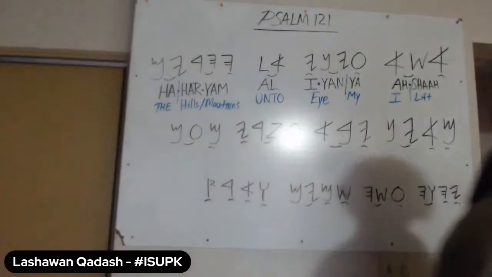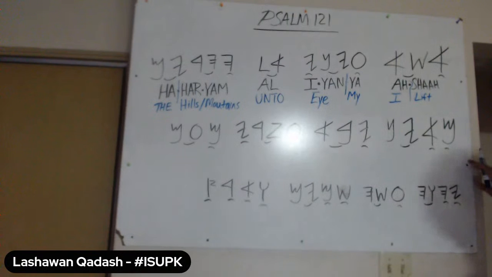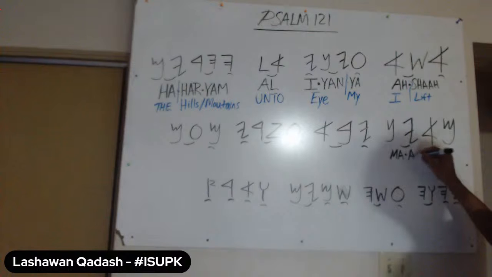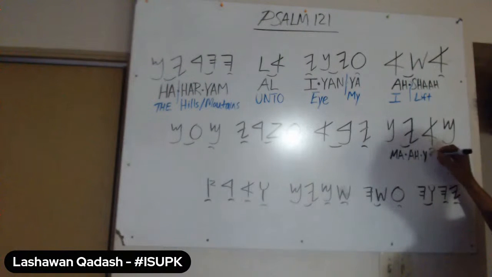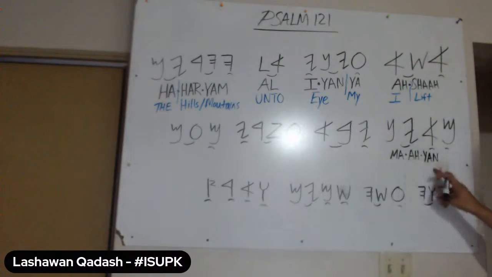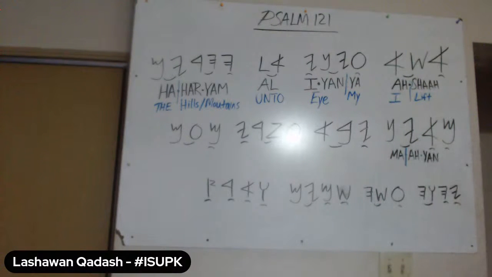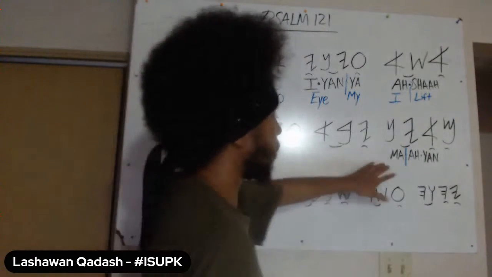Going down here. All right, we have Ma'ayan. We have the ma right here by itself, M-A. We have the A by itself, A-H. And then we have the ya and the na. So that's yun, right? Ma'ayan, ma'ayan. And we got to break it apart. All right. So ma is not necessarily a prefix, but ma is a word by itself, okay?